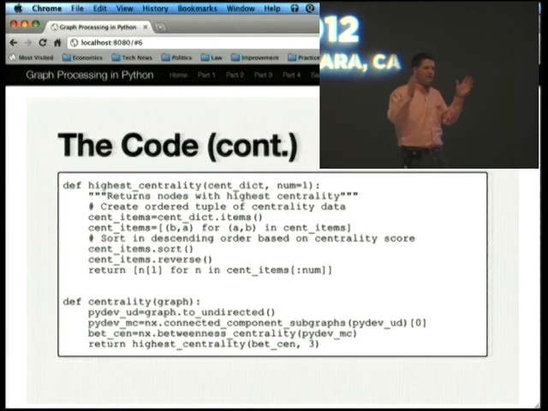Then I created a dict that mapped the person to how central they were as a floating point score. I sorted that by the score, and I returned the ones that were the most central, that had the highest score.